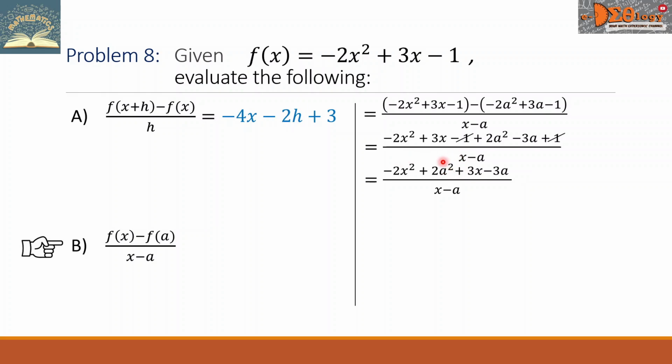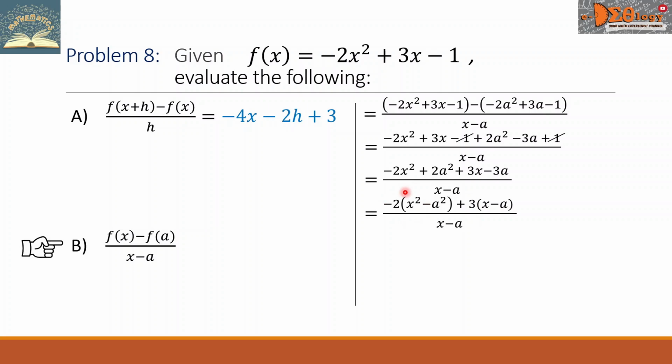For the first two terms, the common factor is negative 2, so we can factor it out. So negative 2 times x squared minus a squared, plus the second group, the number 3 is common, so we put number 3 out times x minus a.